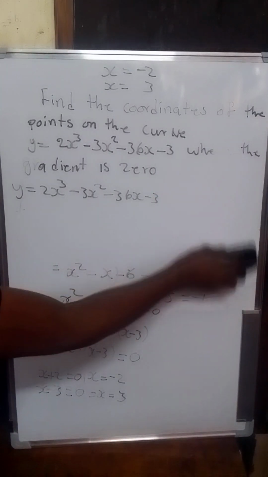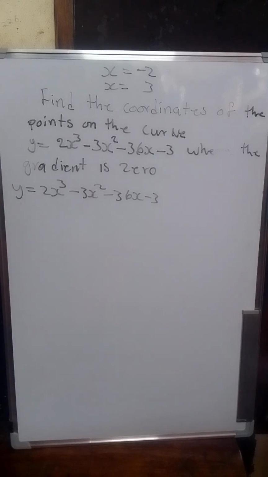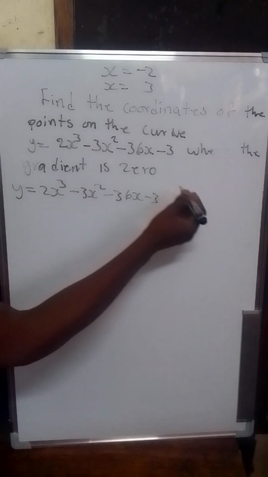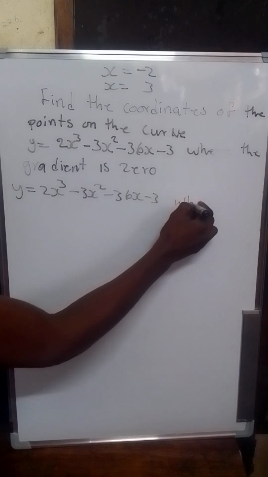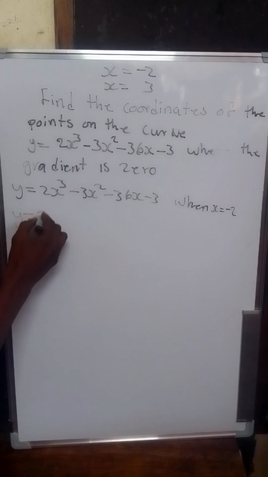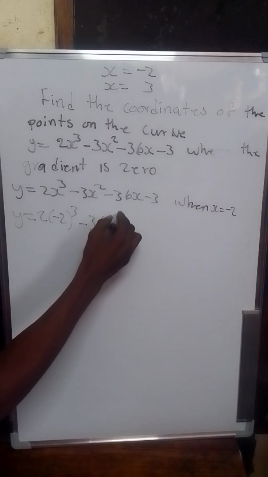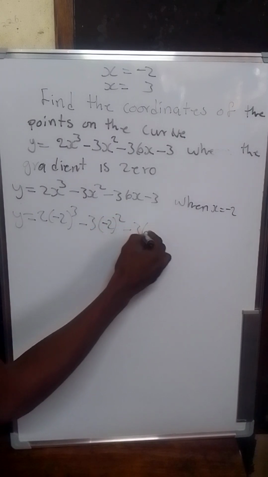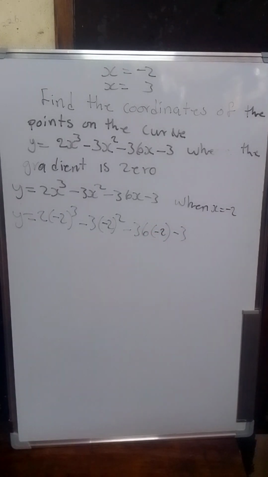So let's find the value of y when x is equal to -2. So y is equal to 2 times (-2) raised to the power 3, minus 3 times (-2) raised to the power 2, minus 36 times (-2), minus 3.